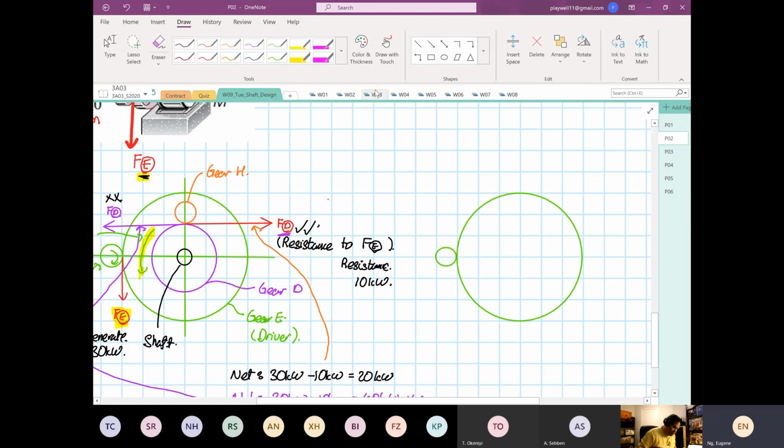Now I'm going to change our gear H position. Bear with me, okay? Everything is still the same, right?